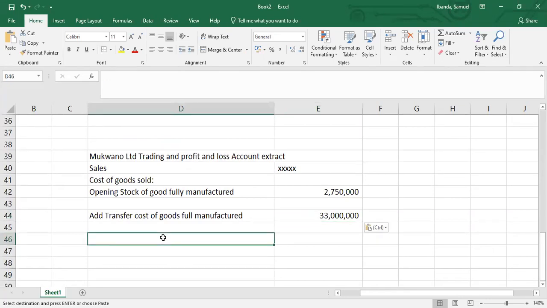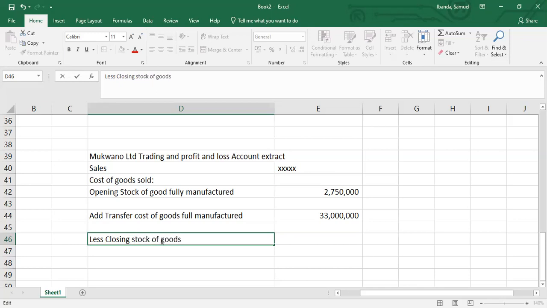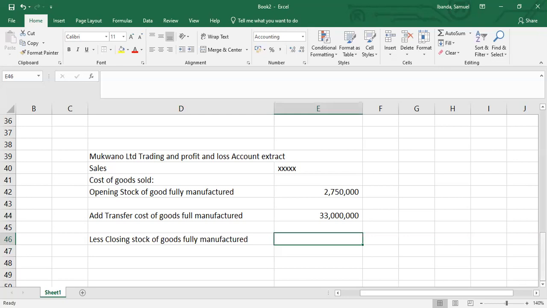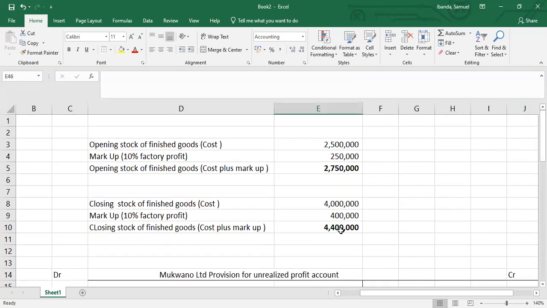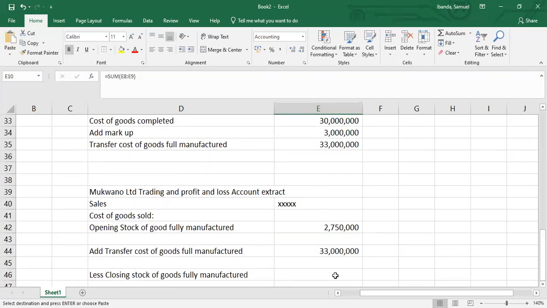And then after that, we go ahead to less closing stock of goods fully manufactured, which we also computed right here to be 4 million.